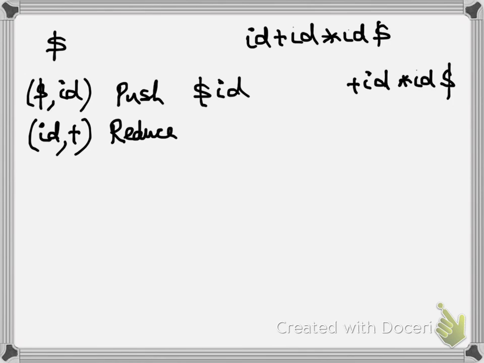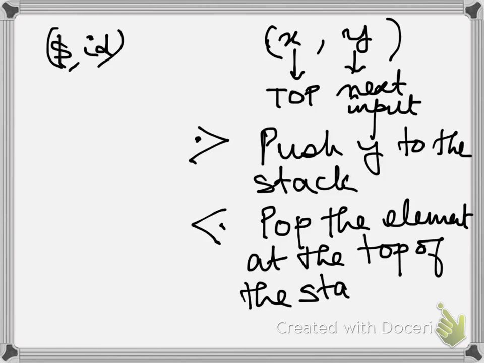Let me write reduce, and let me also write pop here. Reduce or pop. So id will be popped from here, and I'm left with plus id into id $. Okay, so basically what we have done is we have reduced id. Let me write it here.